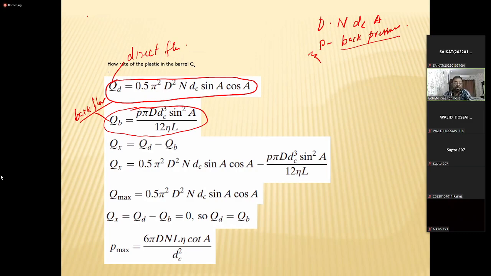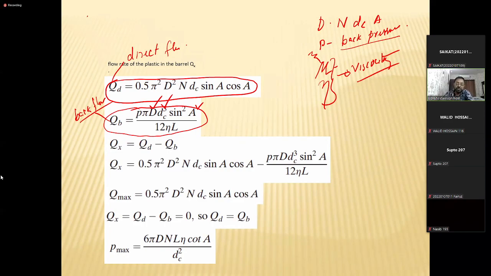Then barrel diameter, DC we know, A we know, and mu, or sometimes it is called eta. Whatever may be the indication, it is our viscosity.